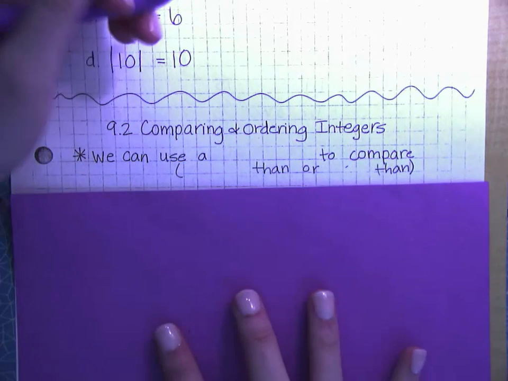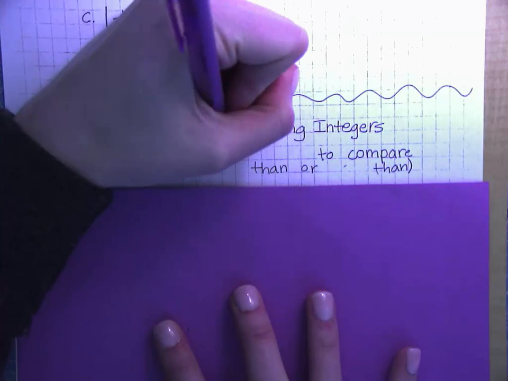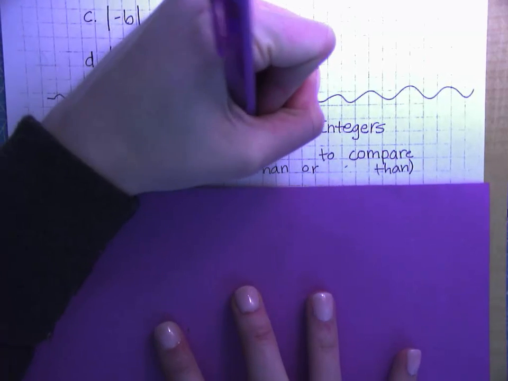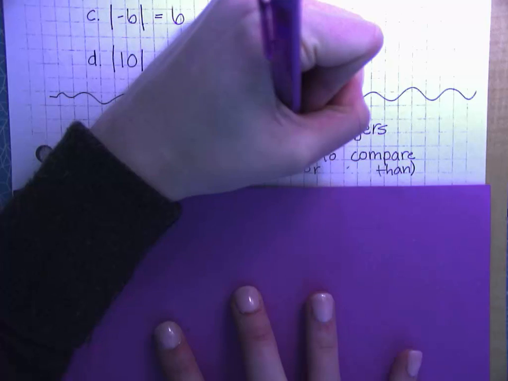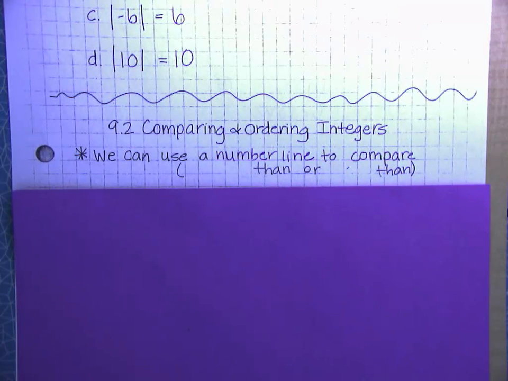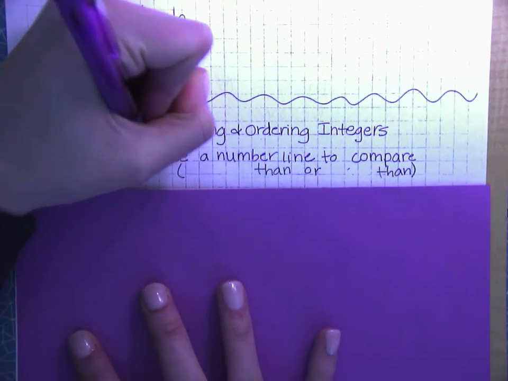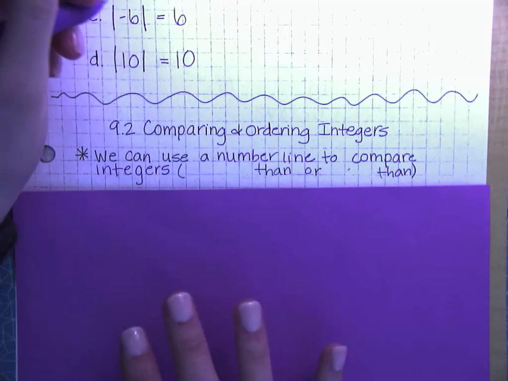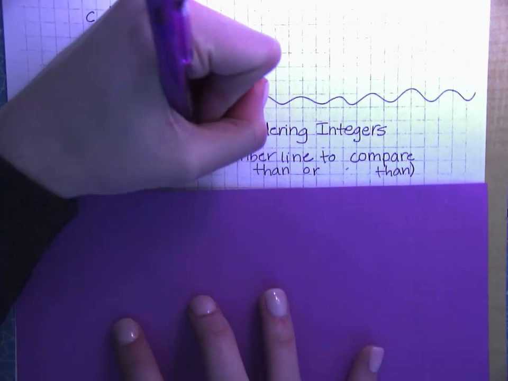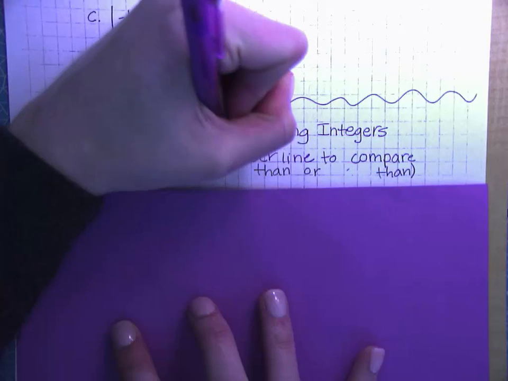Okay, so the first thing to remember is that we can use a number line to compare integers. And when we're talking about comparing them, we're talking about, are they greater than or less than?